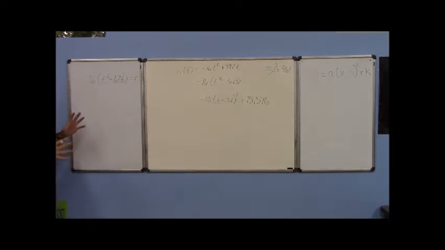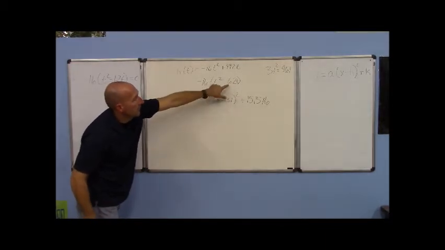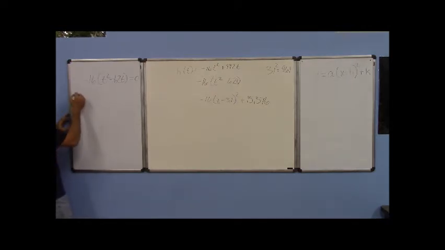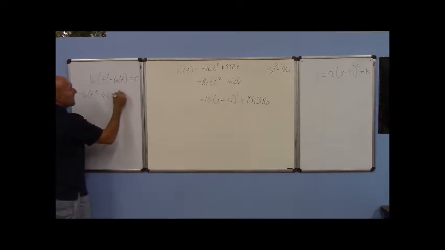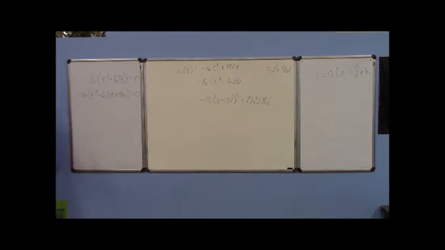Okay? So now we completed the square here. Half of 62 is 31, squared is 961. So what we're doing is minus 16 t squared minus 62t plus 961, equals 0. Now, whatever you do to one side, you have to do to the other.